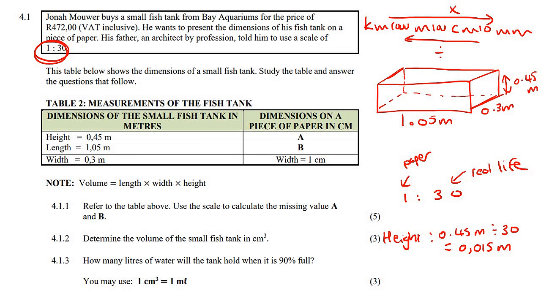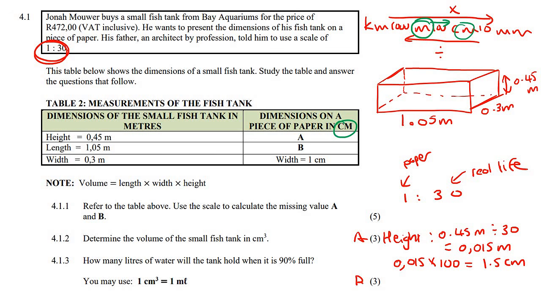So if we are going from meters to centimeters, we're going to the right, so we would multiply by the number in between, which is 100. So we would say 0.015 multiplied by 100, and that would give us 1.5 centimeters.